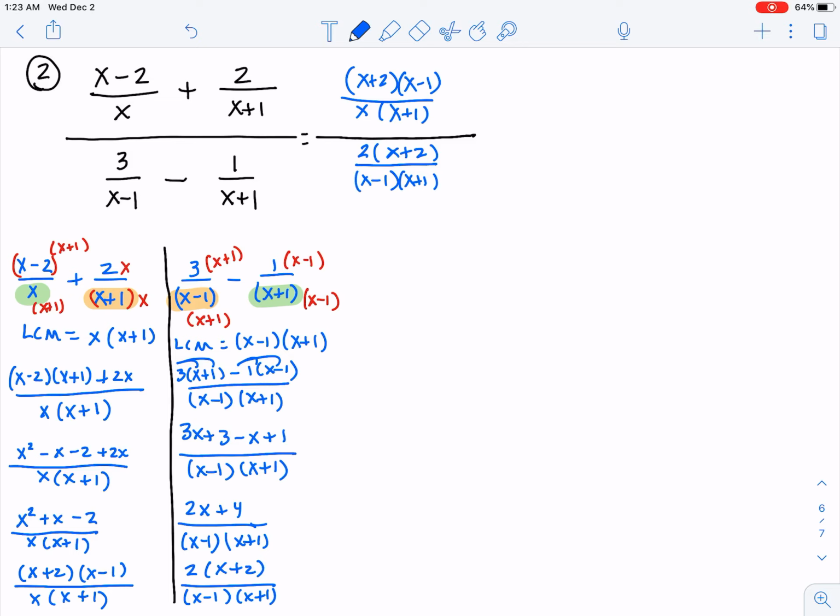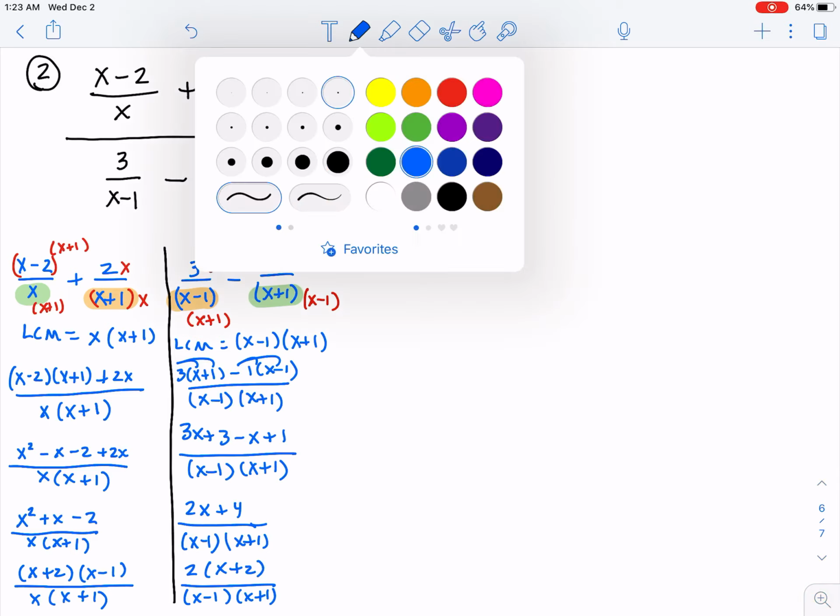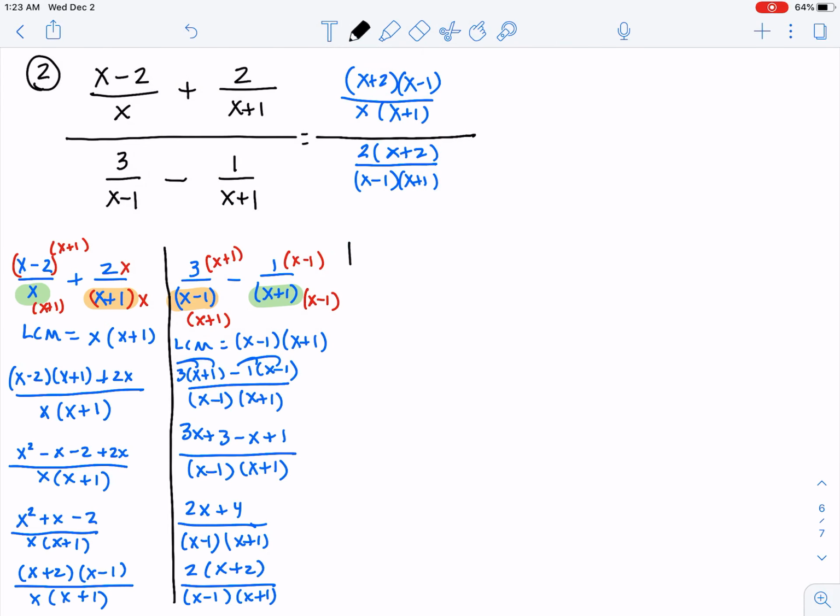All right, so let's go ahead and keep working this out. I'm going to use yellow to bubble in that work. I'm all done with that work. So I have simplified the numerator, I have simplified the denominator.